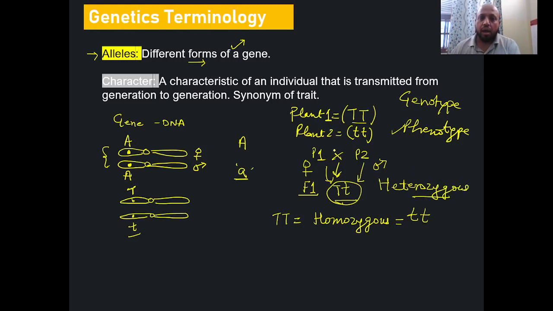Okay. Another terminology which is often used is the character. These are basically the characteristics of an individual that are transmitted from one generation to another, and it is often used as a synonym for trait.